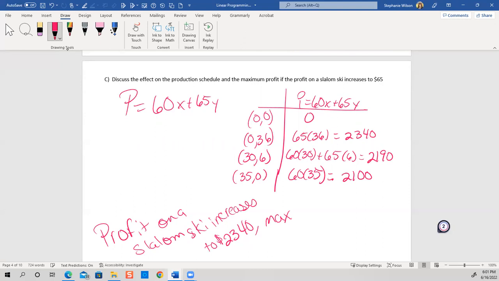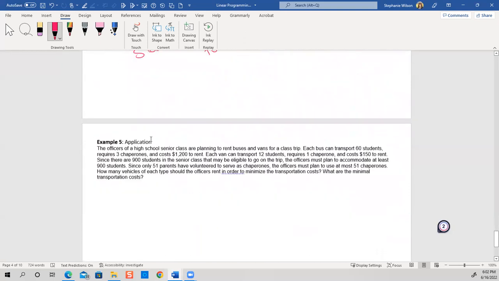So it increases to 2,340, and this maximum occurs when x equals 0 and y equals 36. And remember, the y represents the Solemns and the x represents the Trixie. So if you were making a clean statement, you would actually state what that was.